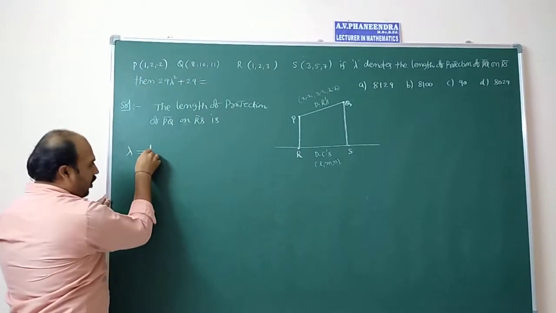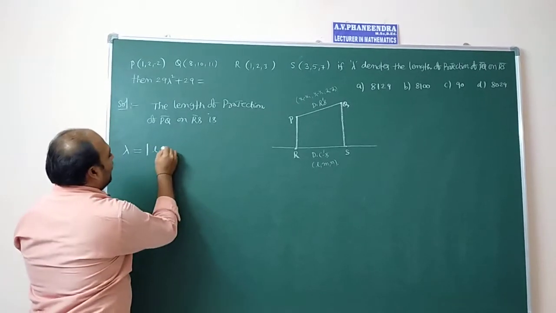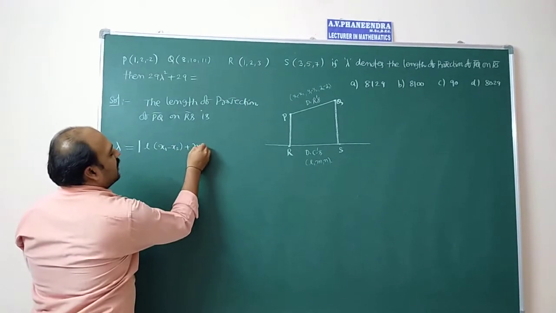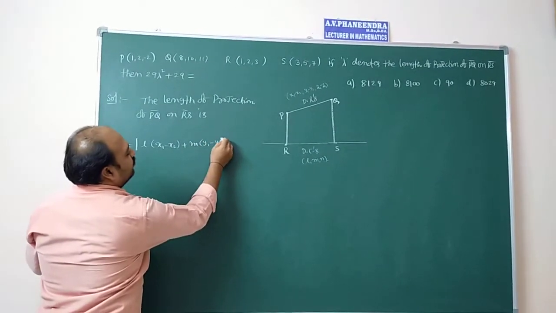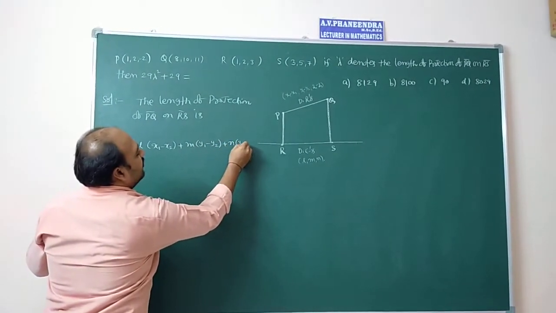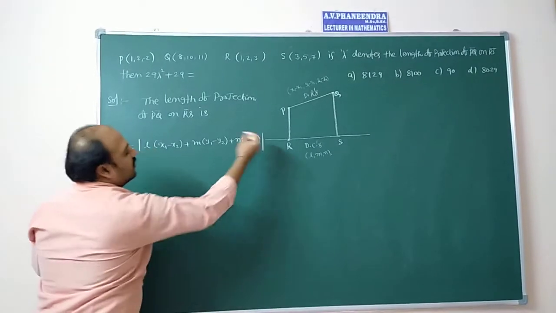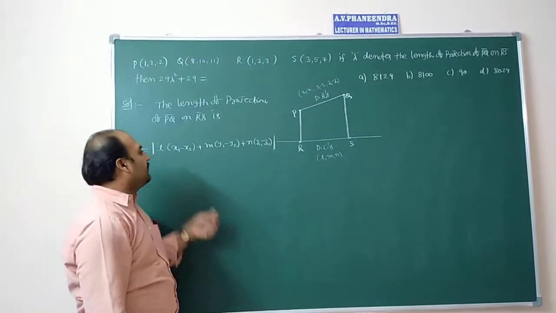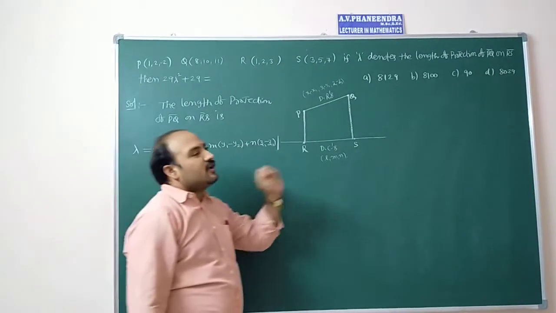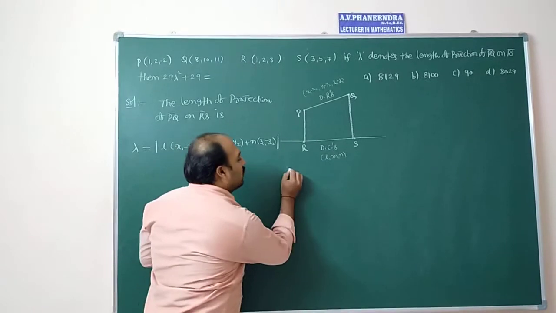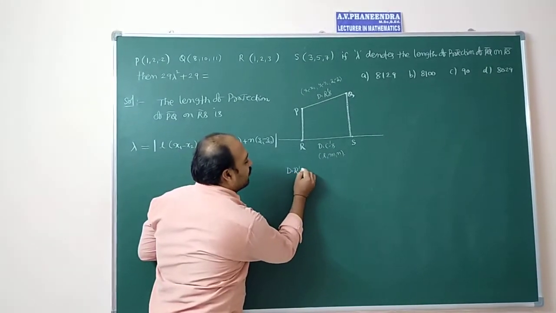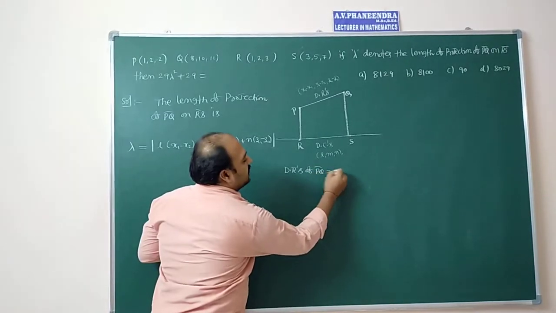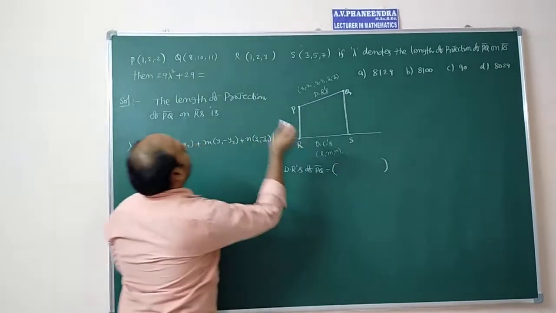Lambda is equal to mod of l into (x1 minus x2) plus m into (y1 minus y2) plus n into (z1 minus z2). I already said what DRs are and what DCs are. These are DRs, meaning the DRs of PQ, which you can calculate. That means Q minus P.